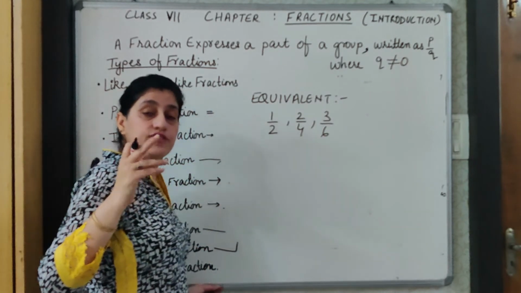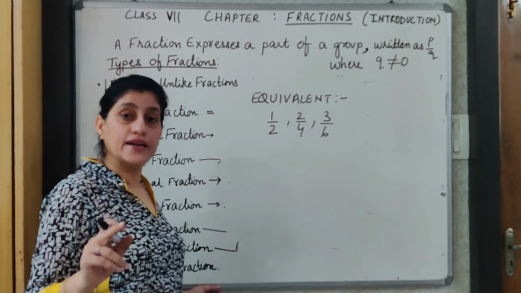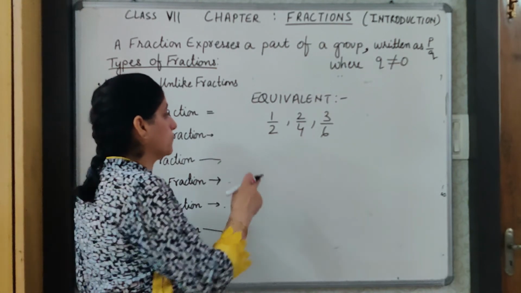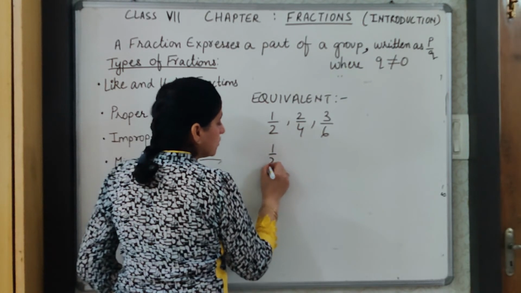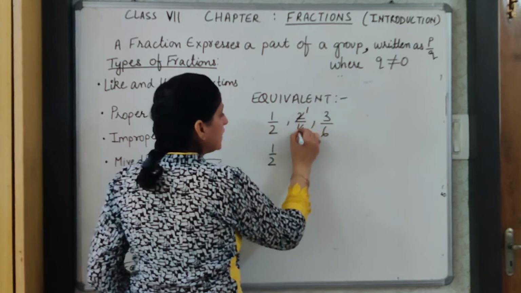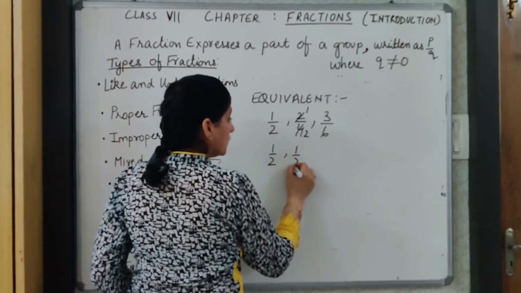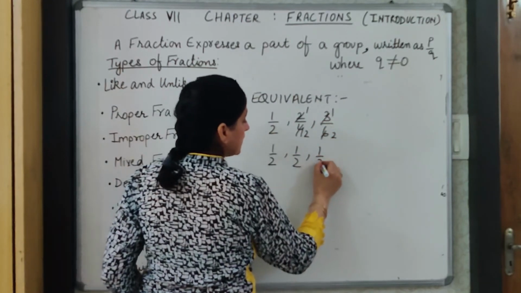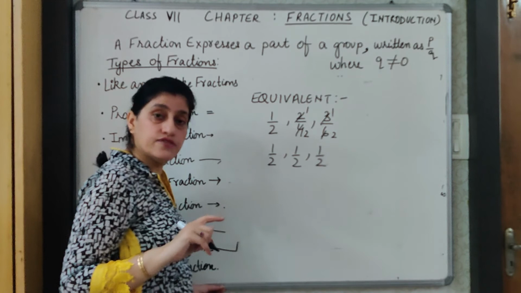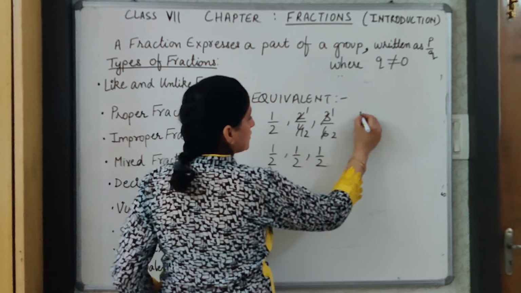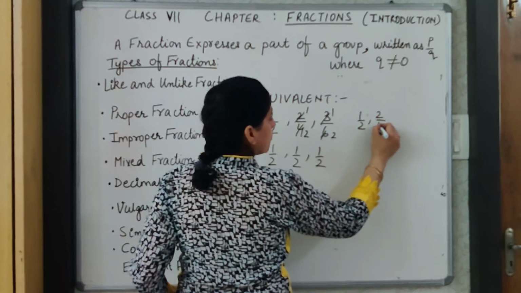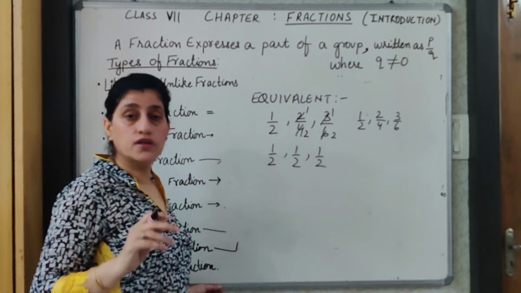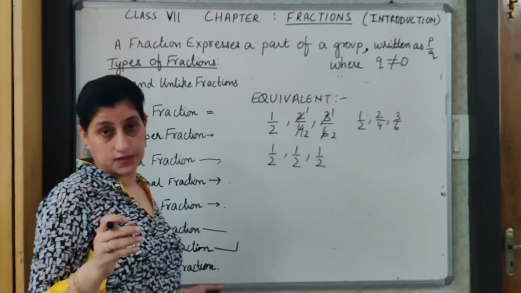If I bring these fractions to the lowest term by dividing, I will see all have the same value. This fraction is already in the lowest term. If I divide this, I again get 1 upon 2. If I divide this by 3, I again get 1 upon 2. So such fractions, like 1 upon 2, 2 upon 4, 3 upon 6, are called equivalent fractions.